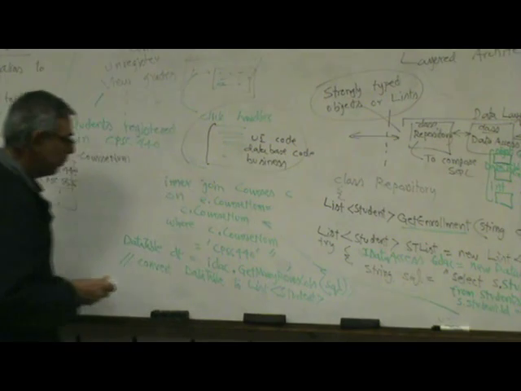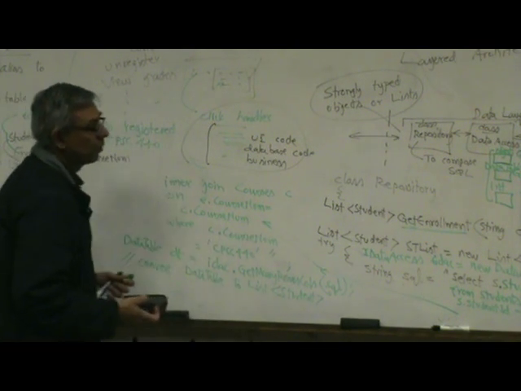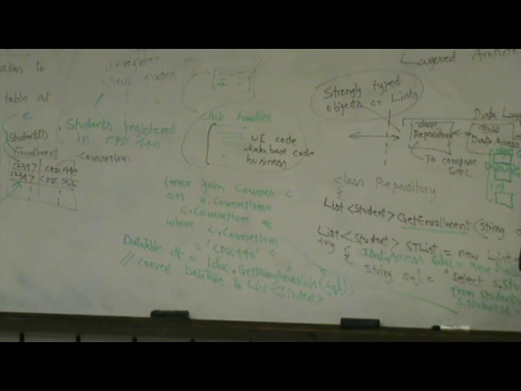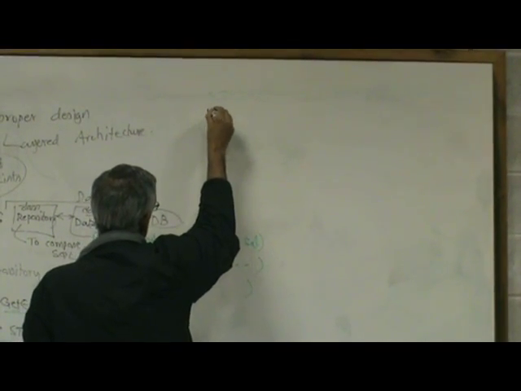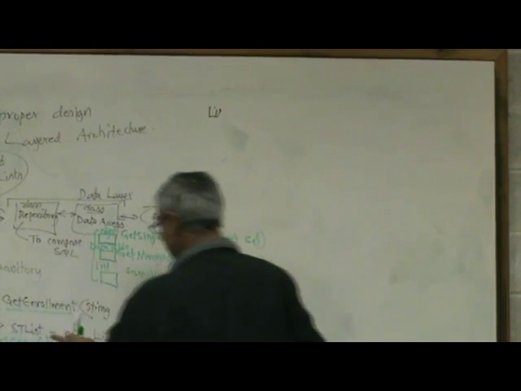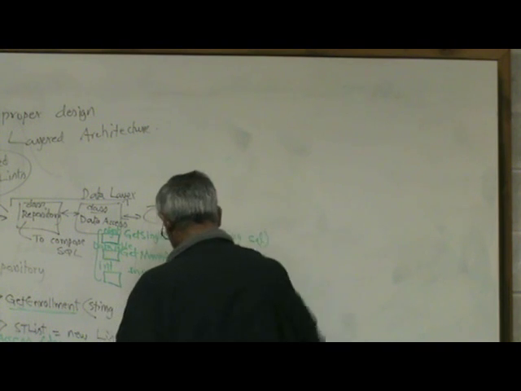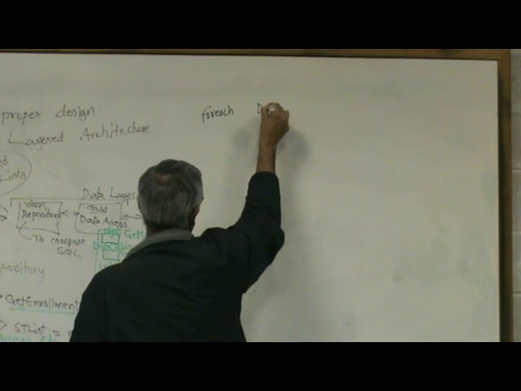Okay, so now we could write the code. It won't be too bad. Let me quickly show you how this code will look. So the code to convert data table to list of students will look something like this. We will create an empty list, which we already did actually over here. So now we will do for each data row.